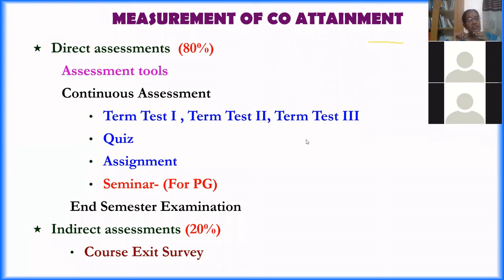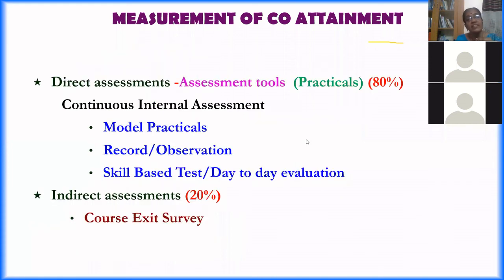So what is the student's perception about the course outcomes? The feedback will be taken for 20% and your direct assessment marks will be taken for 80%. So 80% of the attainment will be direct and 20% indirect, totaling 100%. From the CO attainment, using the PAM matrix, we will calculate the PO attainment.